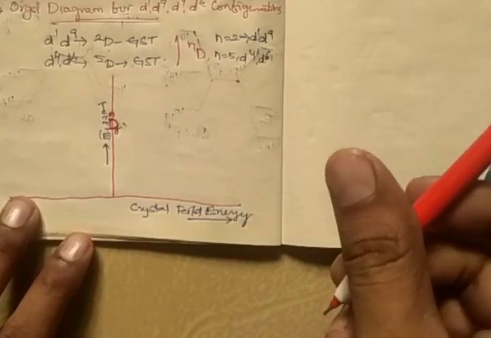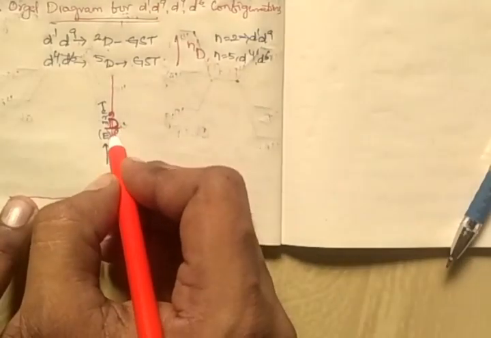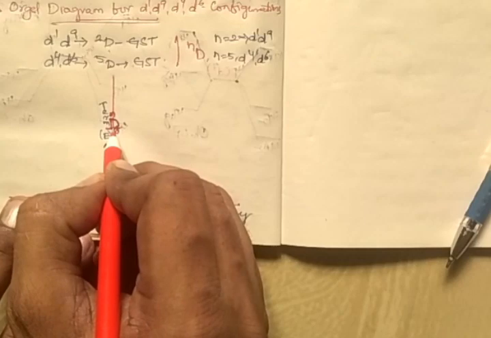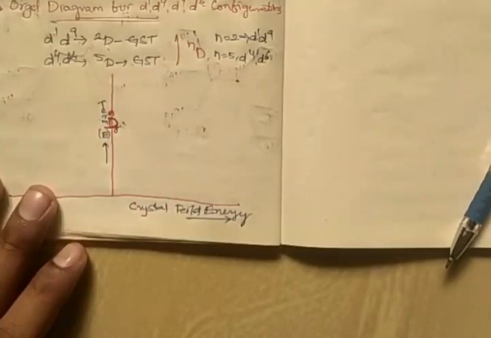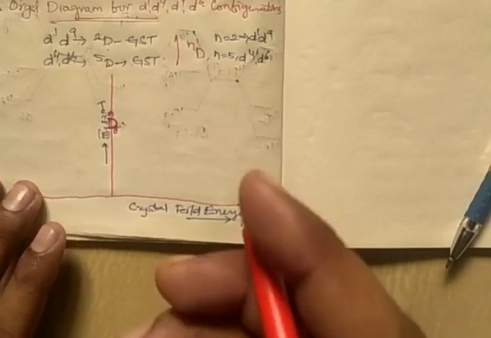With zero crystal field, the D term will be in the exact state of the nD term.